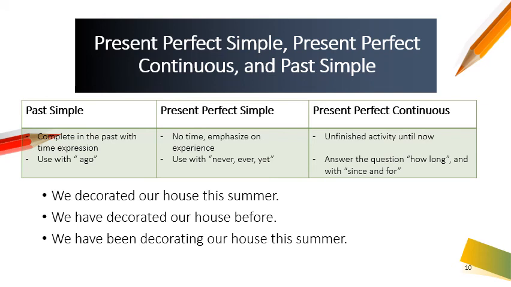Right now it's summer, so we are decorating it. As you can see, I painted some already, but there is still some more equipment that I have to put in my house. That's why you can see some mess here. So I started decorating in the past, and up to now I haven't finished it yet.